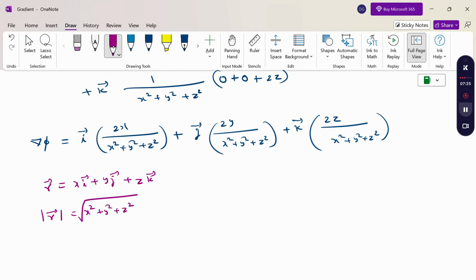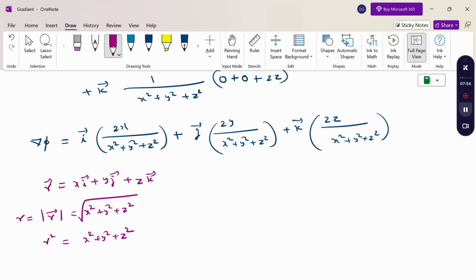Now this is considered r. When I am taking r square, it means r vector dot r vector, which is r square because of the dot product. So r square is nothing but x square plus y square plus z square.